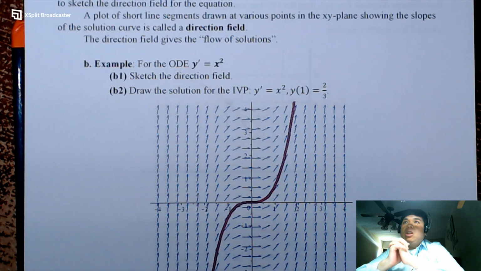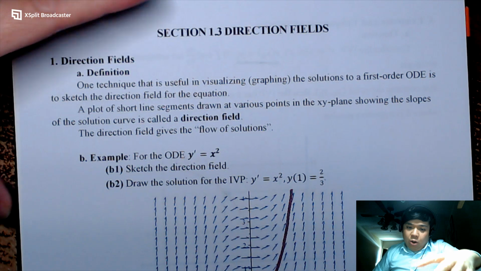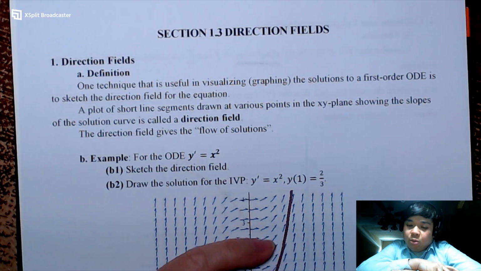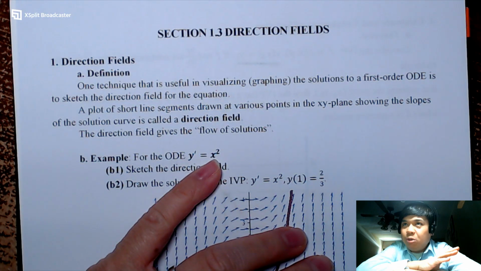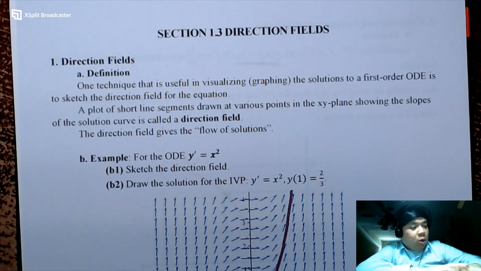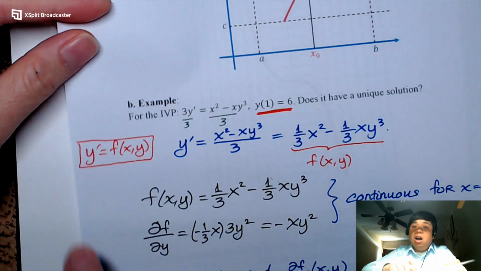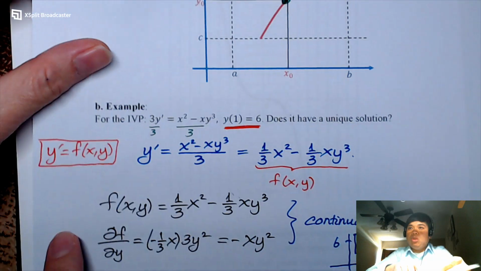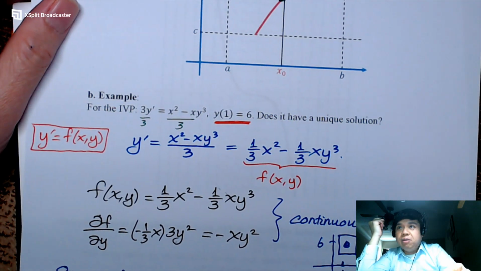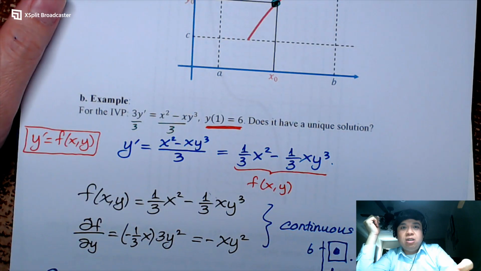Okay, direction fields. One technique that is useful to visualize the solution is called the direction field technique. The bottom line is, in the standard form we had earlier, y prime equals a function. And what is y prime? Well, the derivative. And in Calculus 1, what is the derivative of a function?